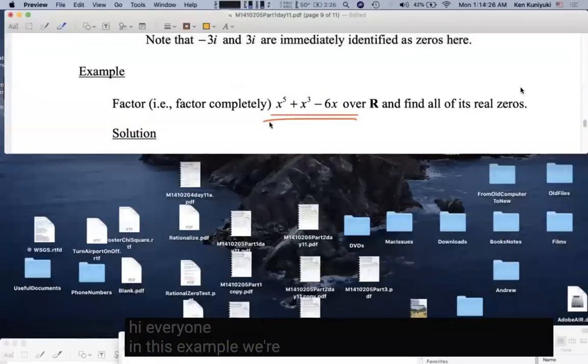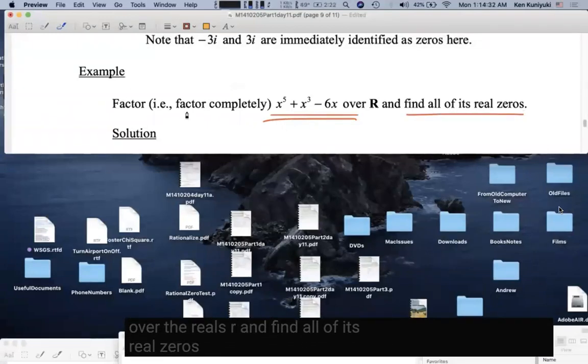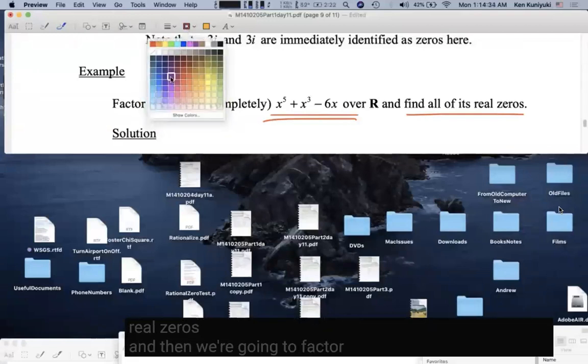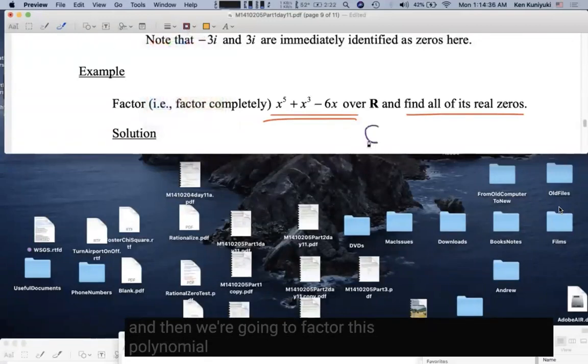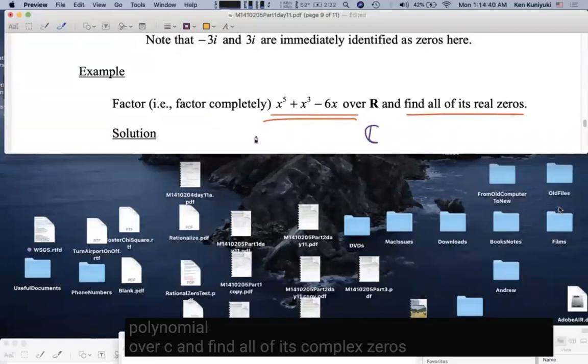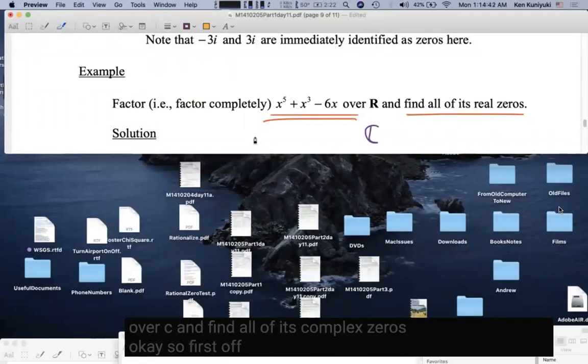In this example, we're going to factor this fifth degree polynomial over the reals, R, and find all of its real zeros. And then we're going to factor this polynomial over C and find all of its complex zeros.